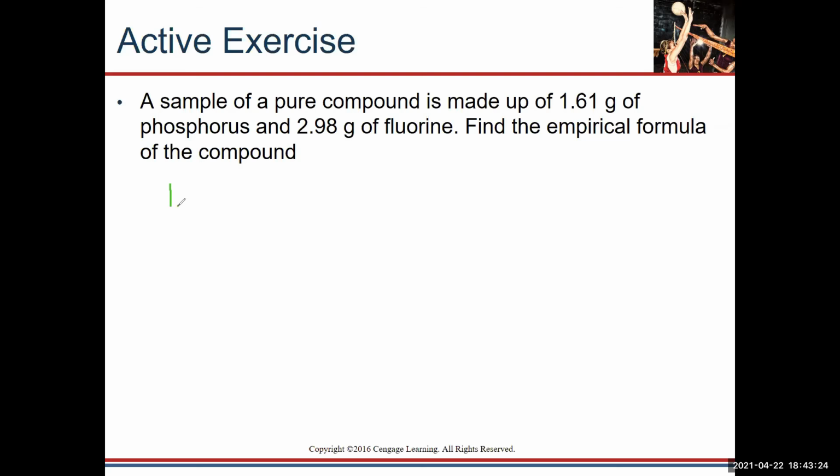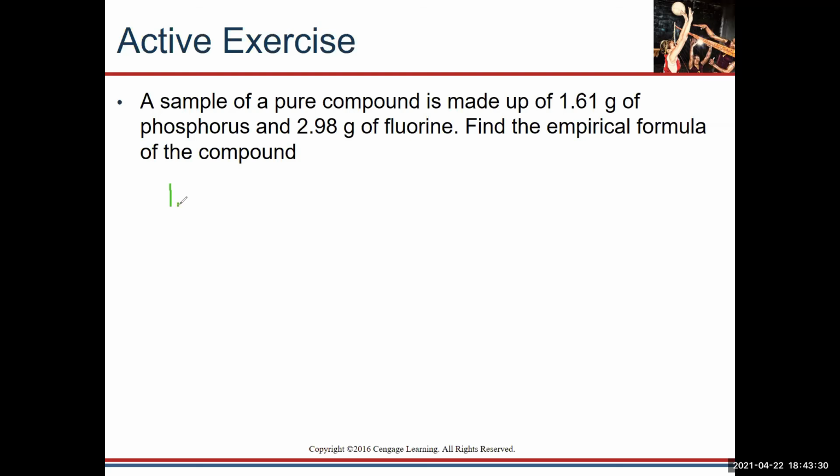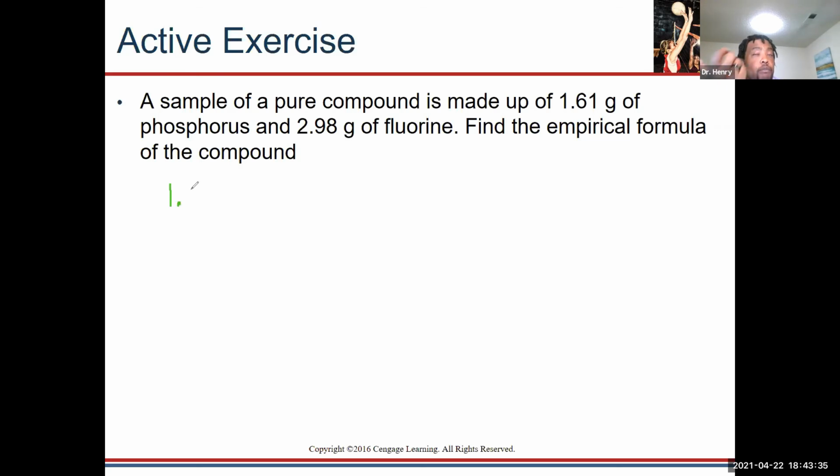If I want quantity, what is the thing that I want to do? Molar mass? I'm going to use my molar mass. Yeah, that's true. So I'm going to use my molar mass to change it to moles, right? Because moles represent quantity.